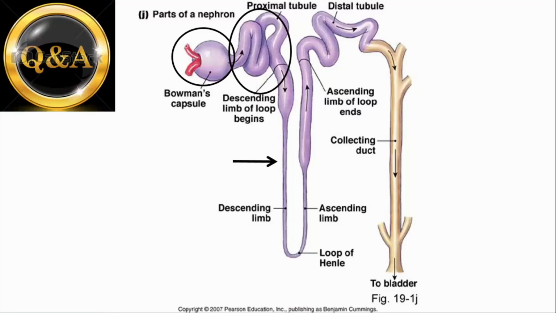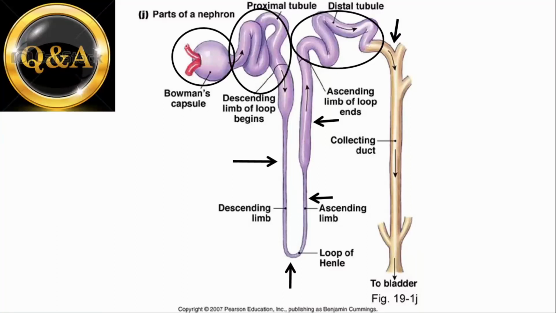No excretion of anything and no absorption of anything. And this distal convoluted tubule is going to end up in a collecting duct.